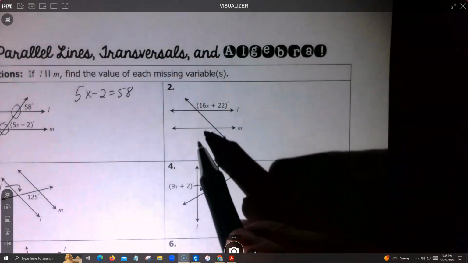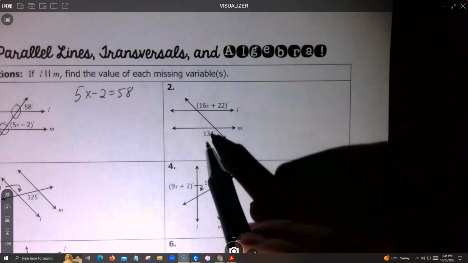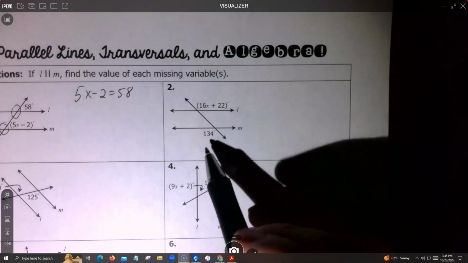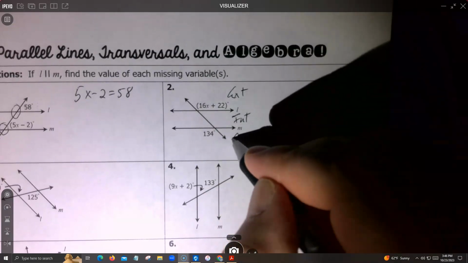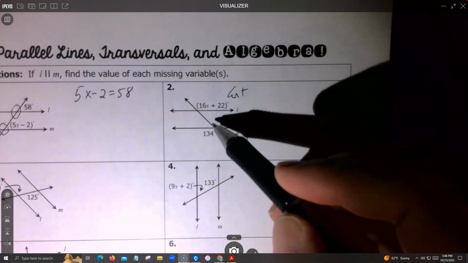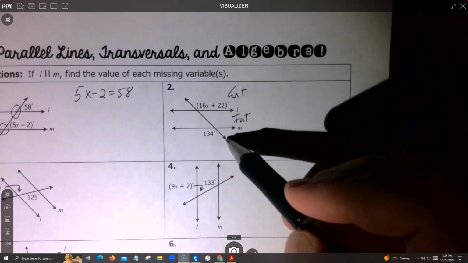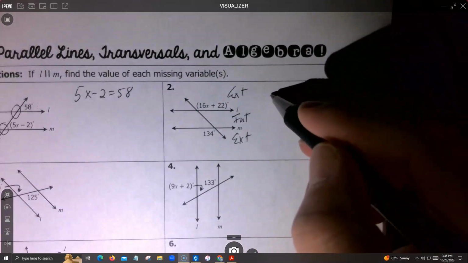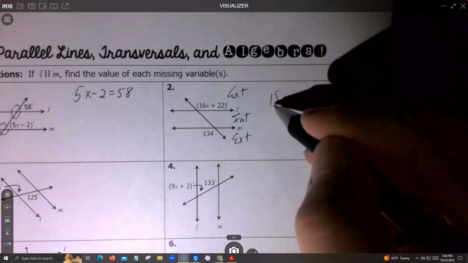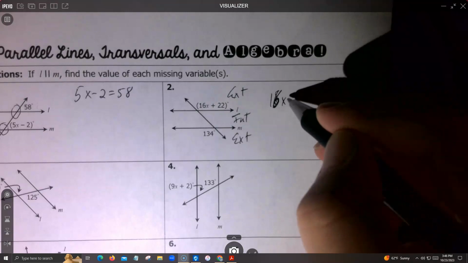So in this case, these two are considered alternate exterior. Remember, we mark our pictures. Here's interior, here's exterior, here's exterior. They're both on the outside and they're on either side of the transversal. So that makes them alternate. So that means they are equal to each other.